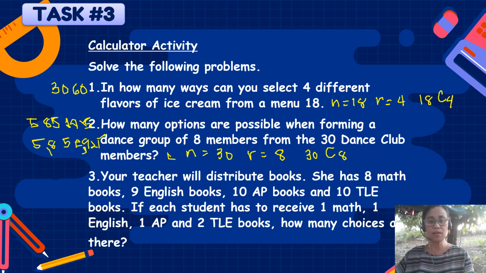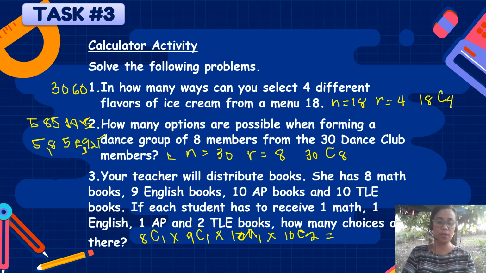So we write here, 1 math, there are 8 math books, so 8C1, then we multiply it with 1 English, 9C1, multiplied with 1 AP book, 10C1, and we multiply it with 2 TLE books, 10C2.